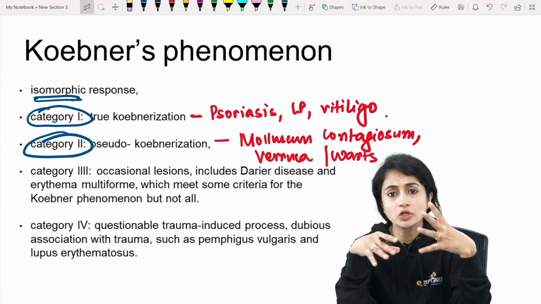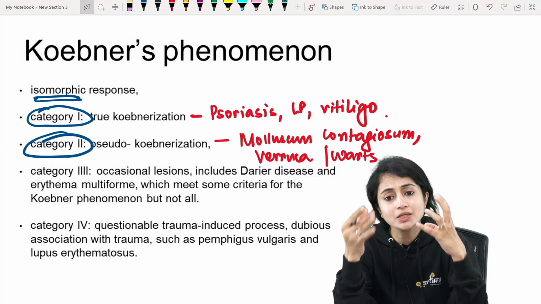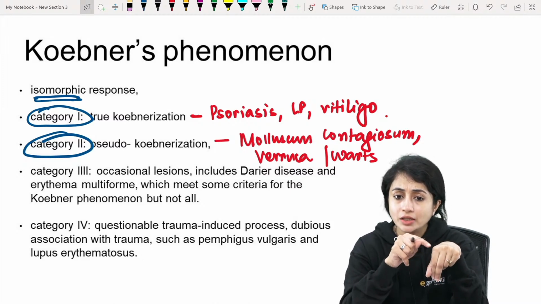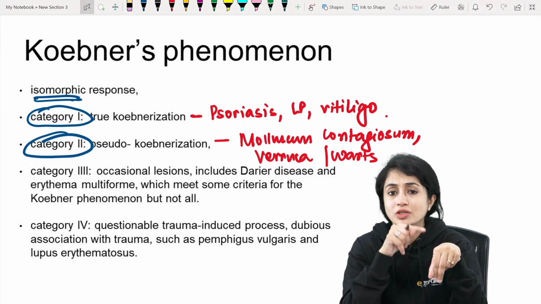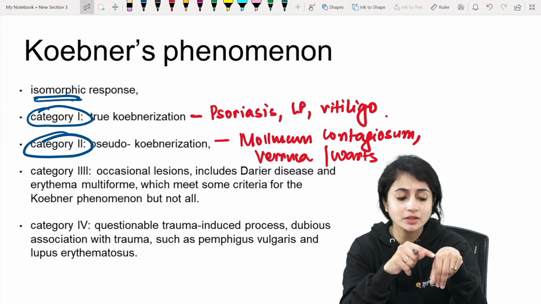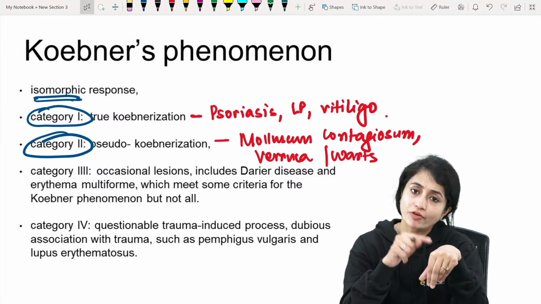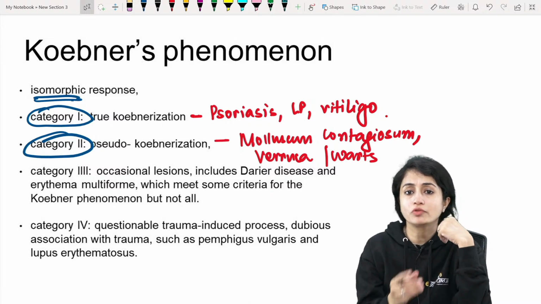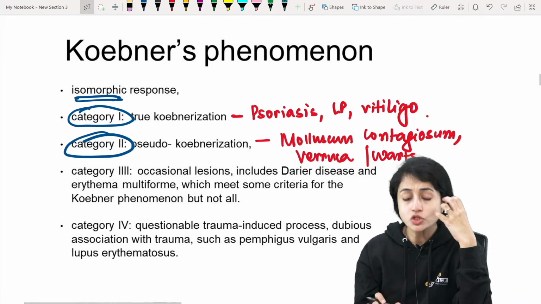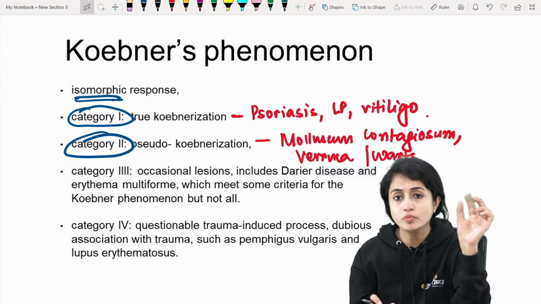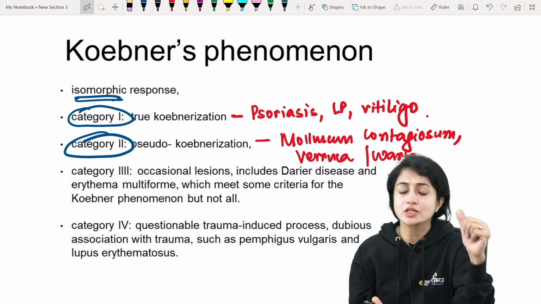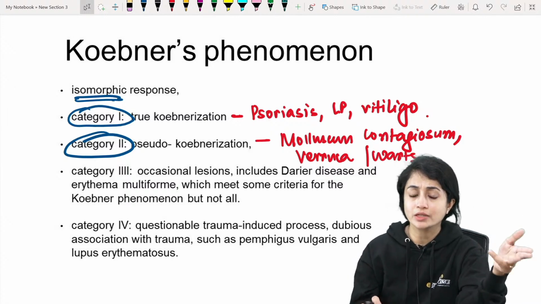So it's not because of some pathogenesis, it is basically because the organism is getting auto-inoculated in the sites of trauma. So there is seeding of organisms, and that organism causes infection, and so you have linear arrangement of lesions here.